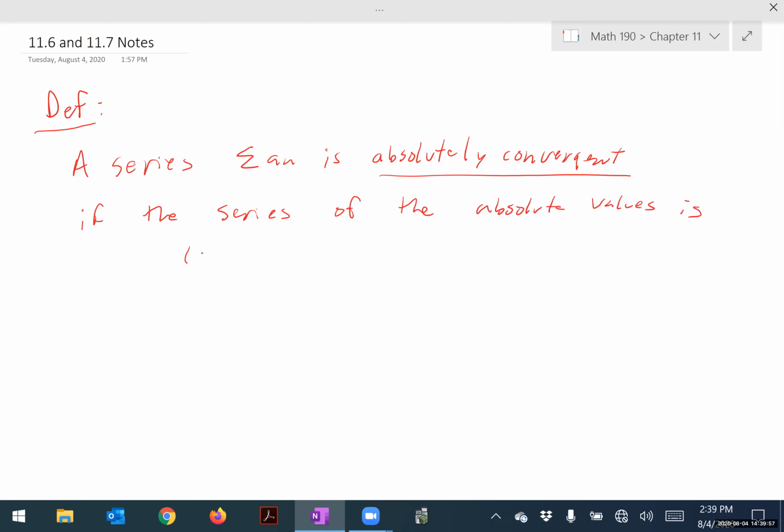That is, the sum of the absolute value of a sub n is convergent.